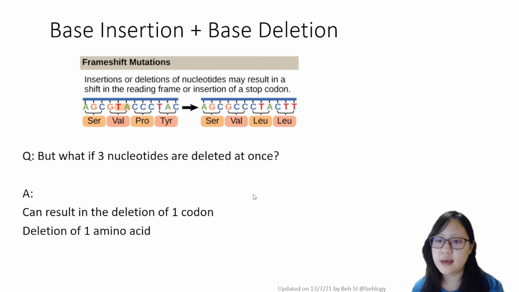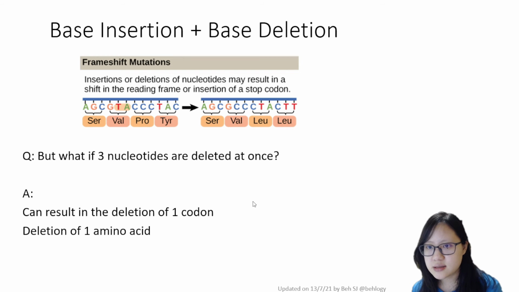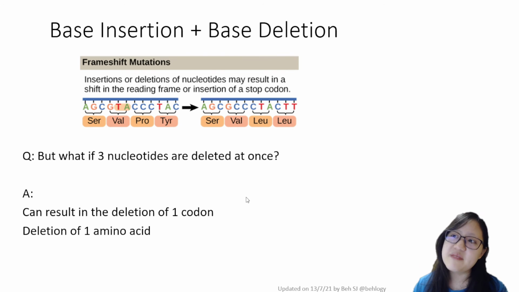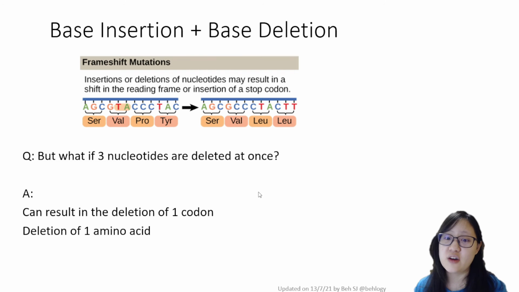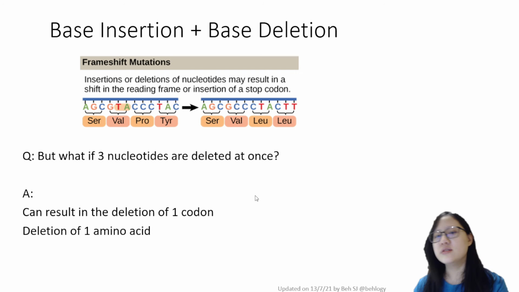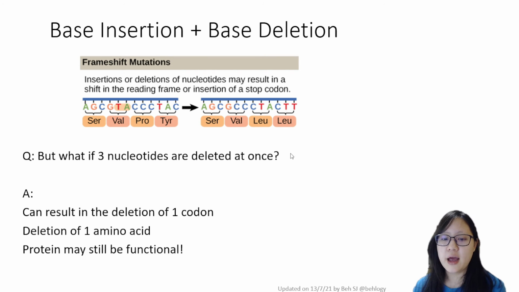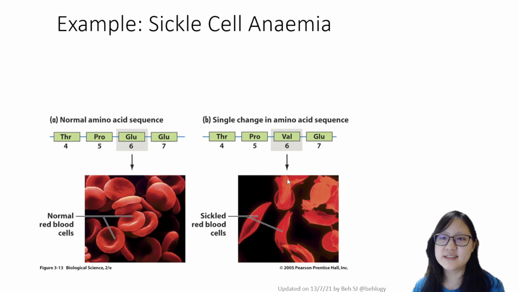The damage will not spread to all the subsequent amino acids. So it's probably better if 3 nucleotides are deleted or inserted at once instead of just 1, even though there are more nucleotides, because the subsequent amino acids may not be so affected, and the protein may still be functional.